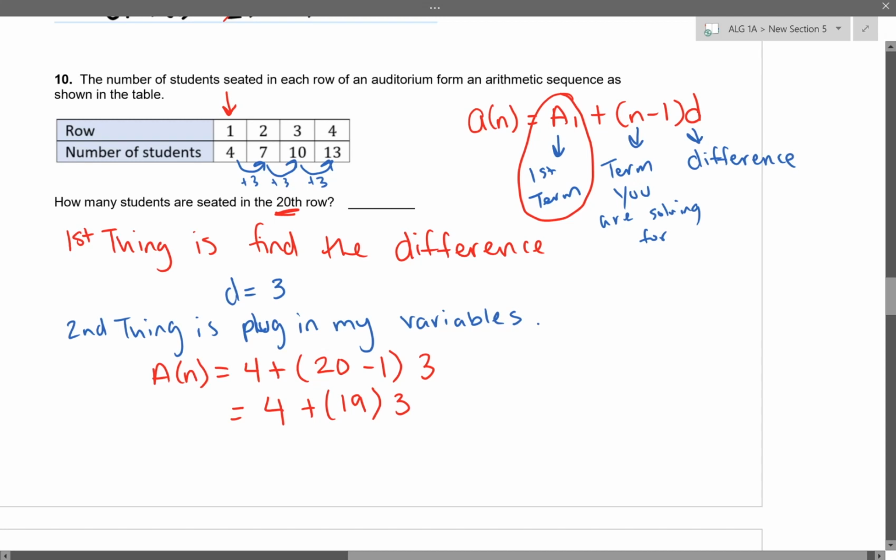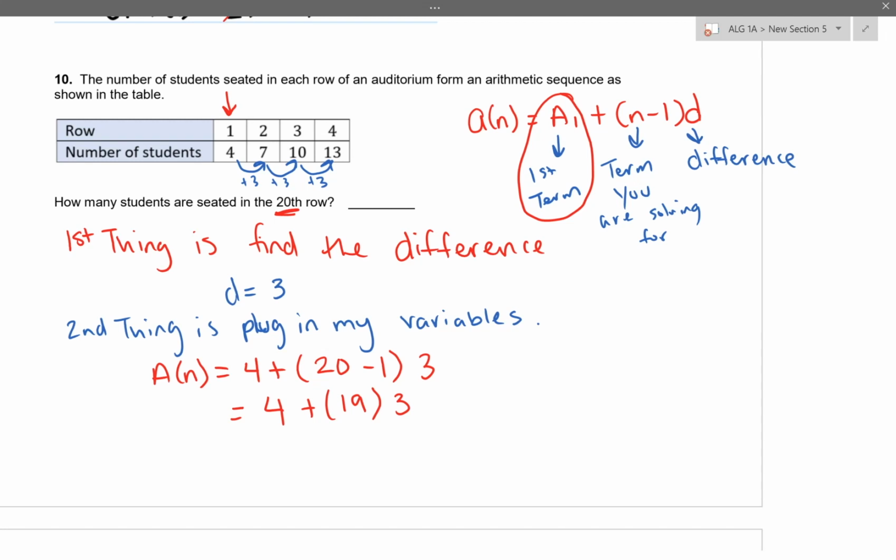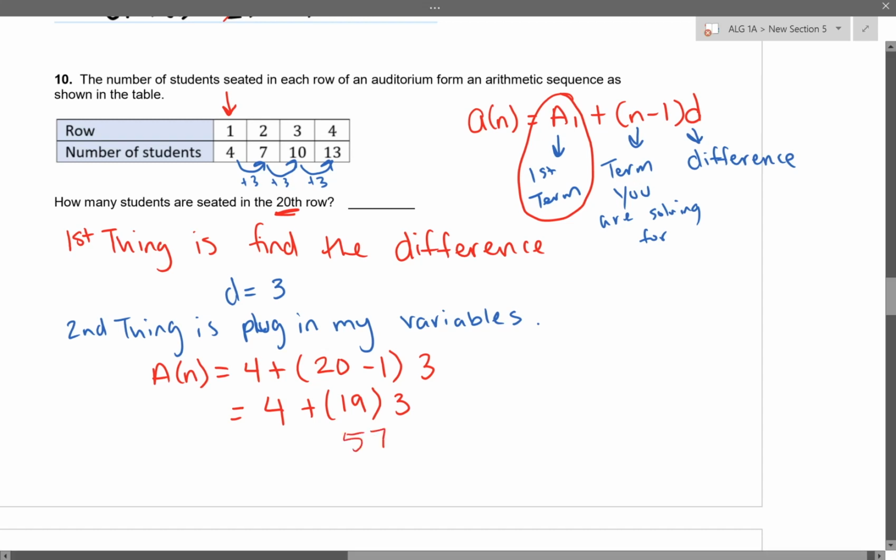Okay, now the next thing I need to do is I need to multiply my 19 and my 3. So 19 times 3 is 57. And then plus 4. 57 plus 4 gives me an answer of 61. So how many students are seated in the 20th row? 61.